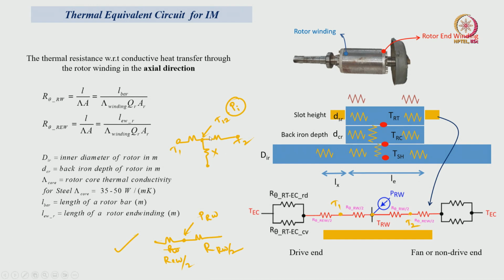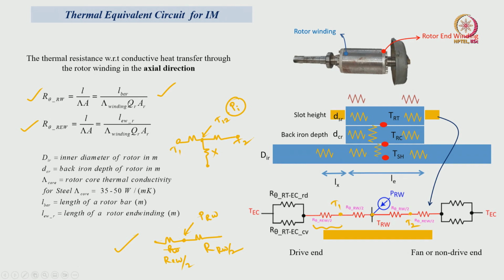The other resistance in the T type network I have neglected for simplicity. The thermal resistance of the rotor winding in axial direction we can calculate using this equation, and the rotor end winding resistance, this one, we can also calculate with the same formula: the rotor end winding thickness divided by winding conductivity into AR, which is the area of each bar times the total number of slots.